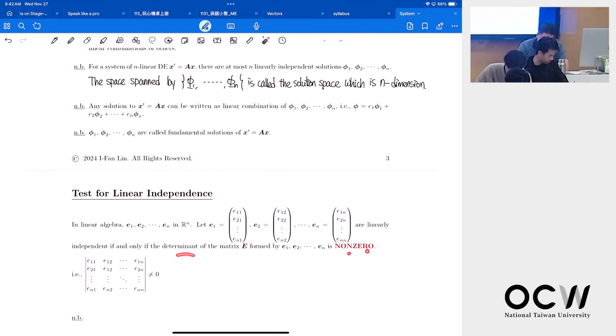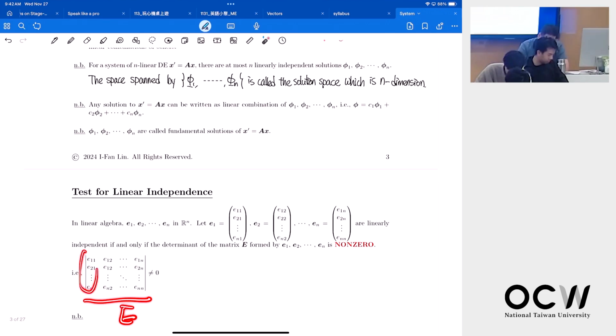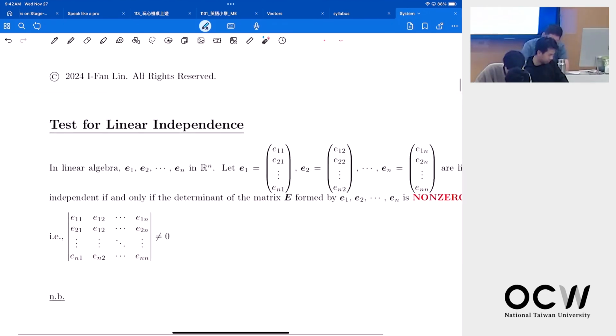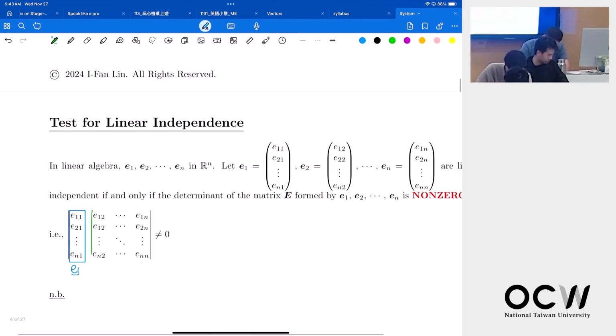So this is E, here's E1, E2 to En. If I find n solutions, then I just form them as a matrix and find the determinant.